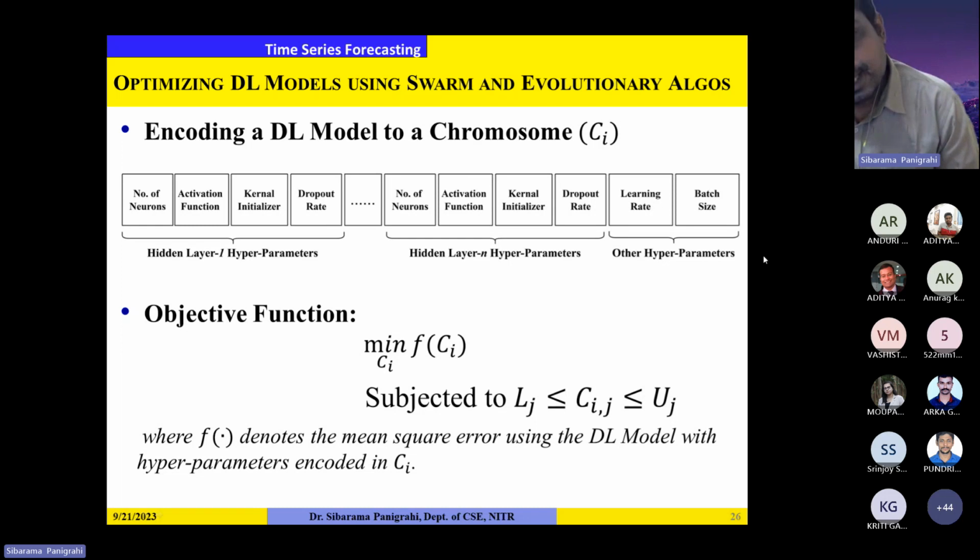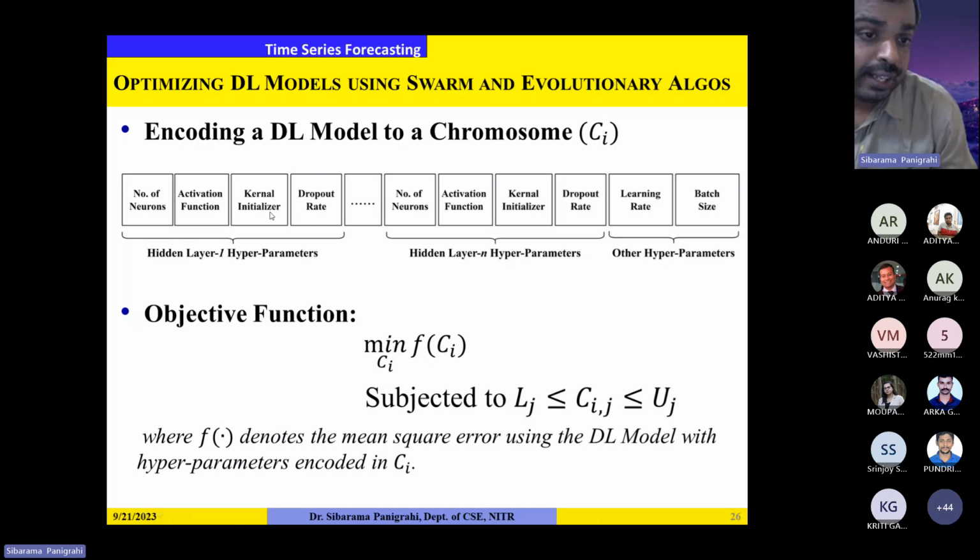Similarly, we set up to n hidden layers, subject to each gene of the chromosome lying between an upper bound and a lower bound. So what is fitness? We evaluate the validation error as the fitness function. The mean square error on the validation set denotes the fitness of a chromosome.